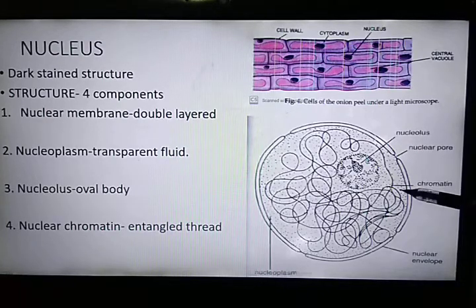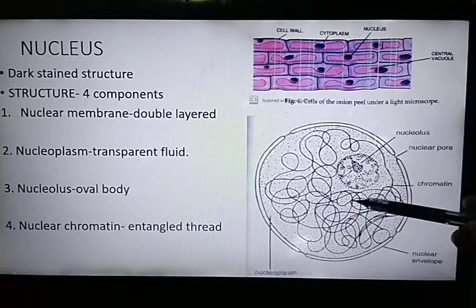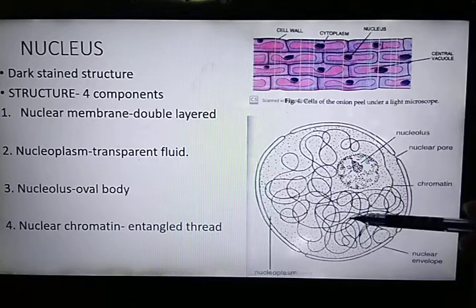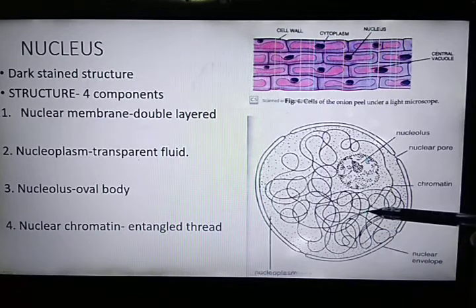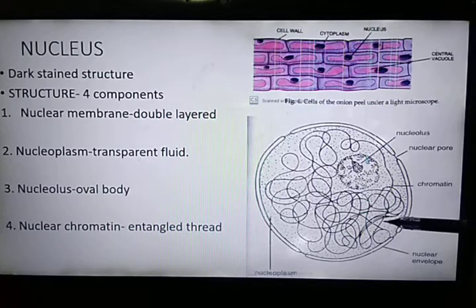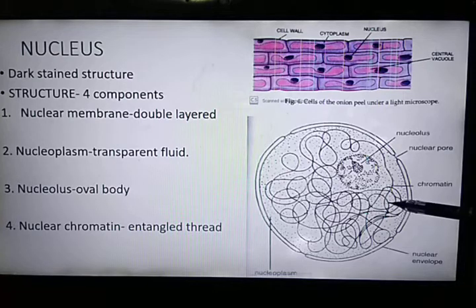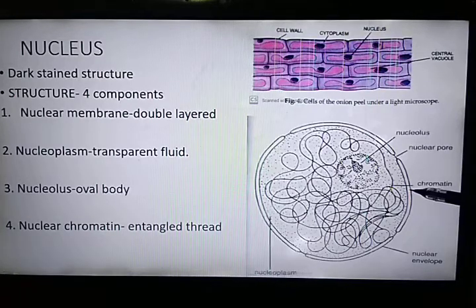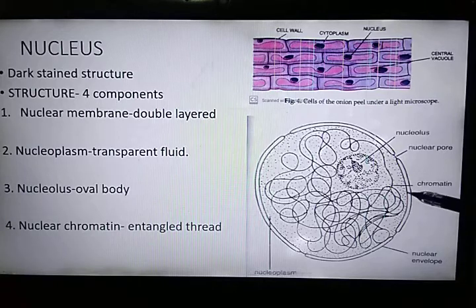Chromatin is an entangled mass of thread-like structures, visible in the nucleus of the non-dividing cell, which means when the cell is not dividing, chromatin is present as an entangled mass of thread-like structures. I repeat, only in the non-dividing cell can you see chromatin.